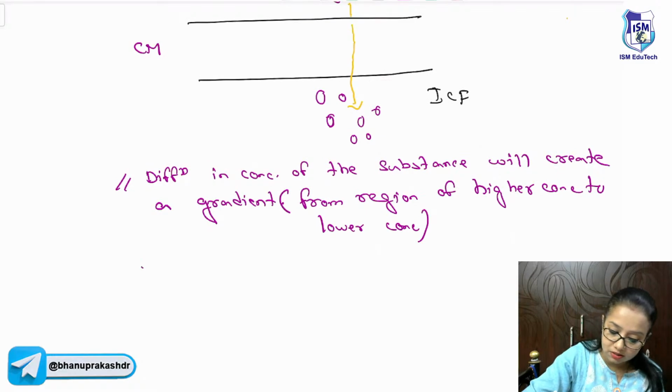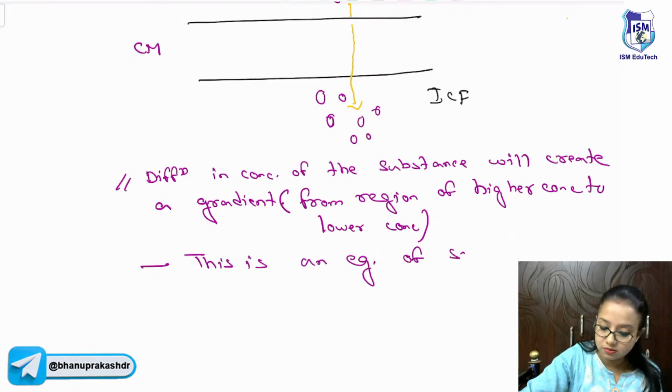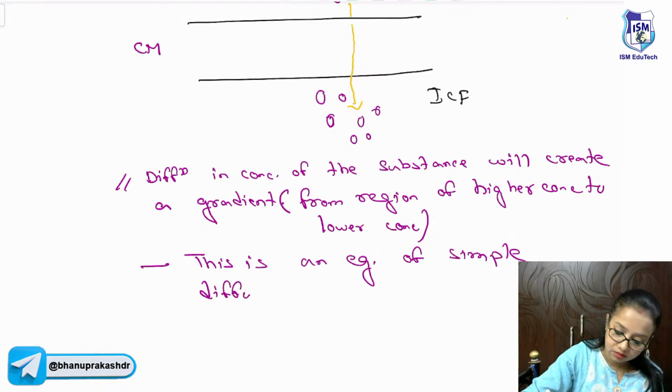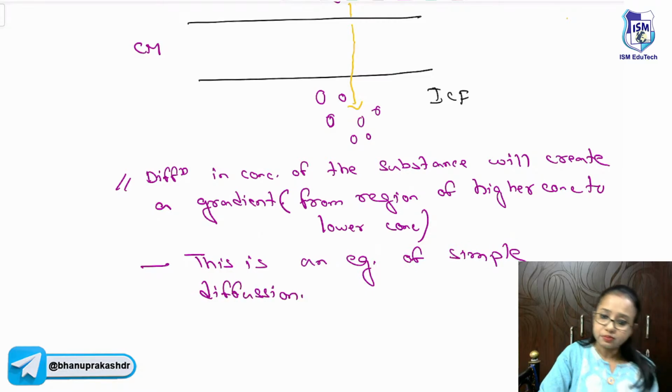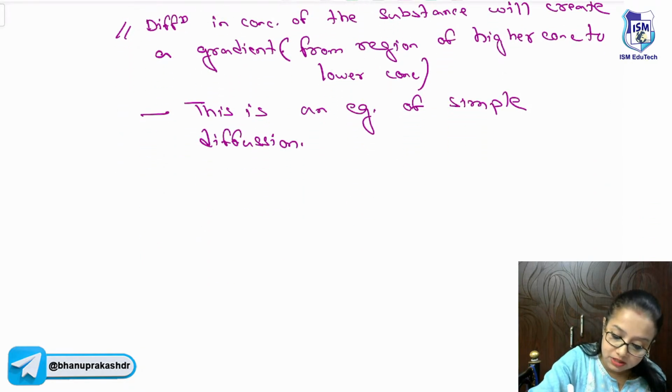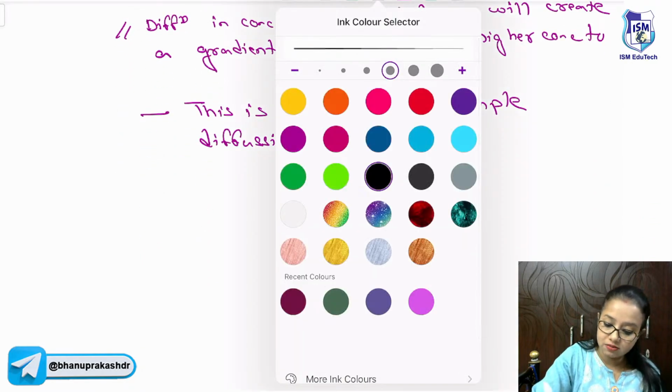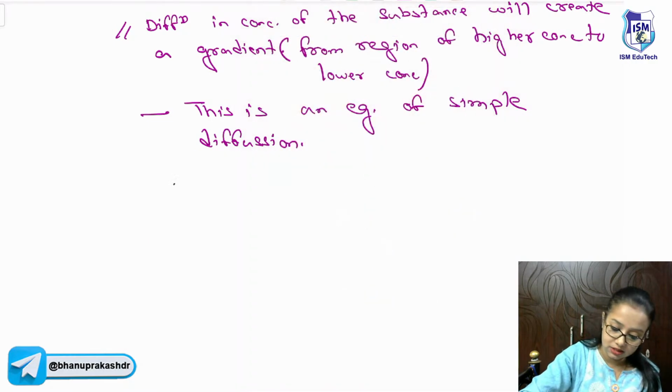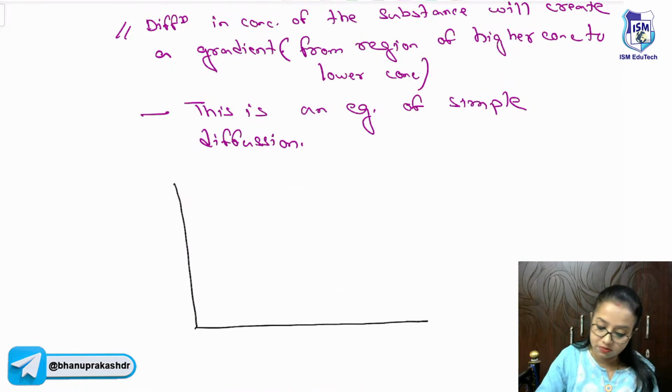This is an example of simple diffusion. If we represent this in a graph, how will it stand out? This is the graph to show simple diffusion.